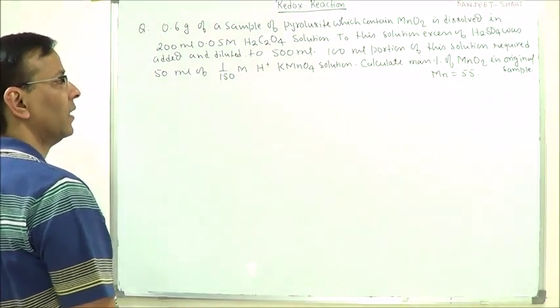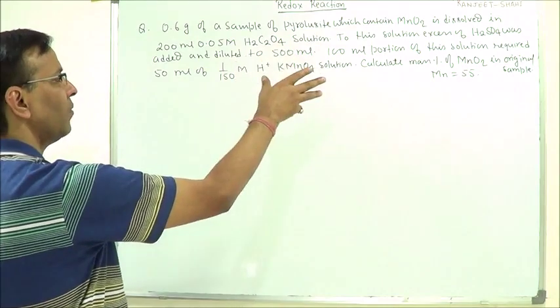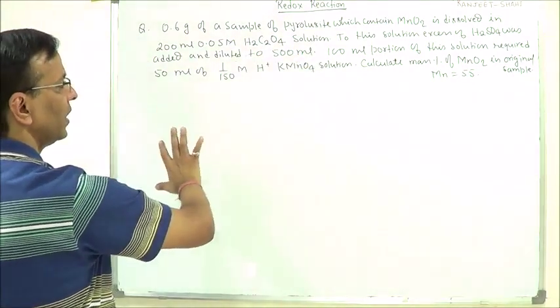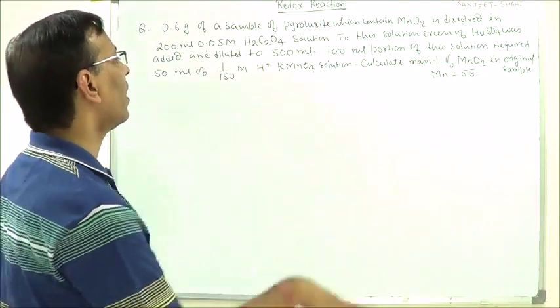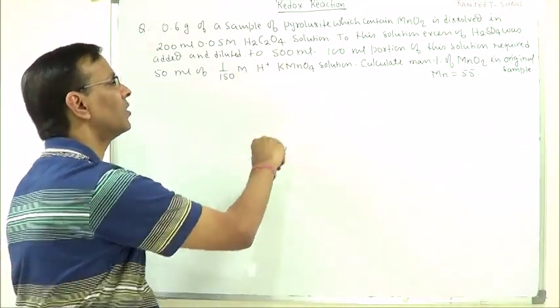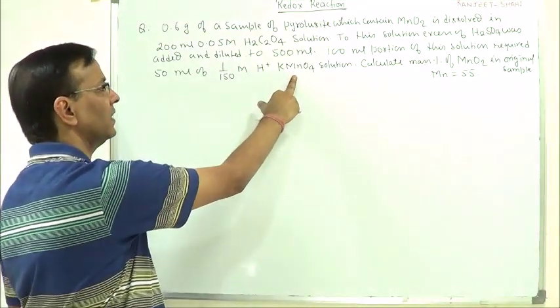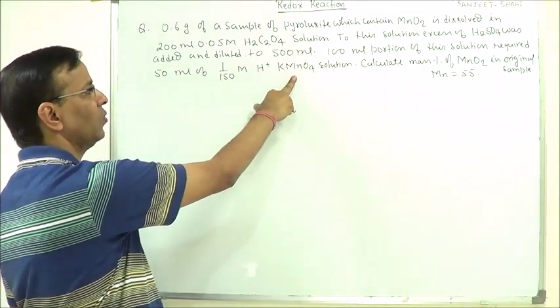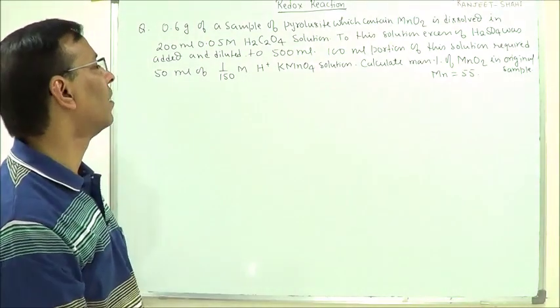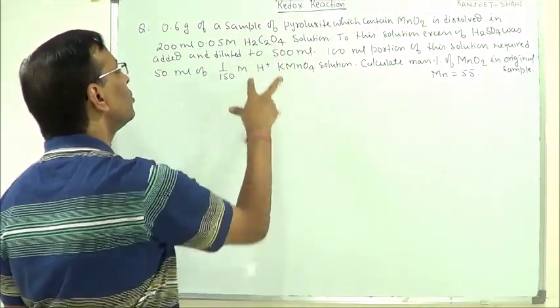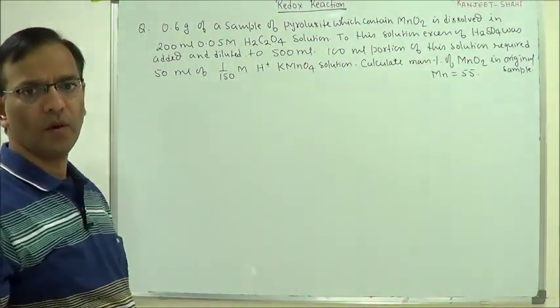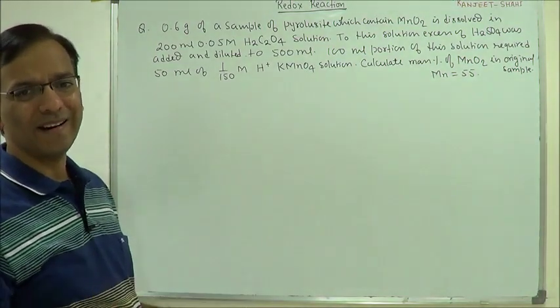But after dilution, a portion of the resulting solution required potassium permanganate solution, which is an oxidizing agent, which indicates that in the previous reaction some reducing agent was left unreacted.